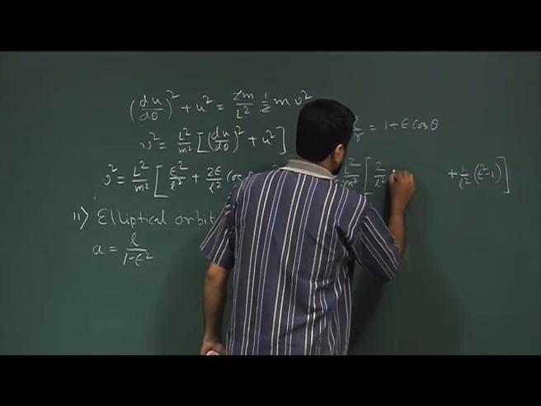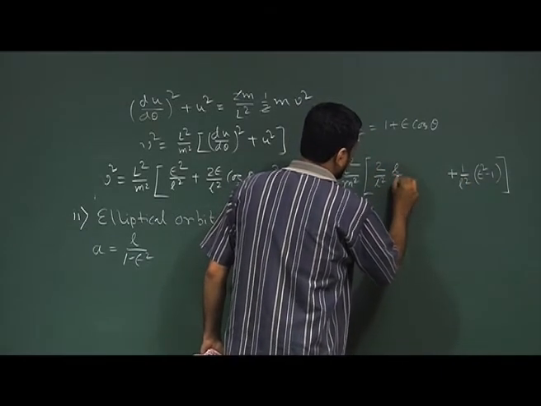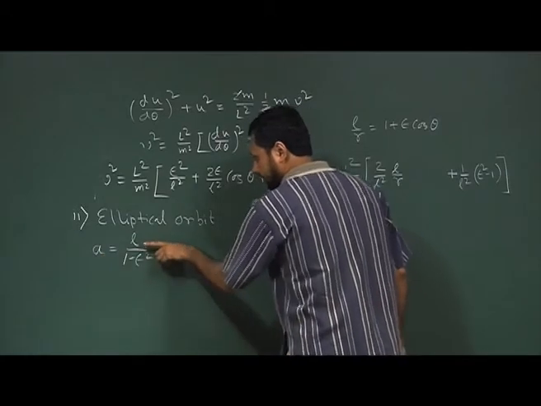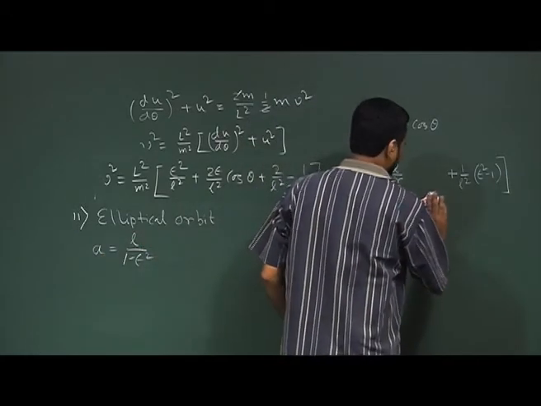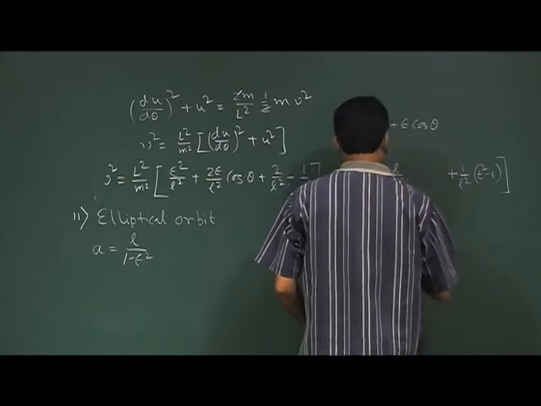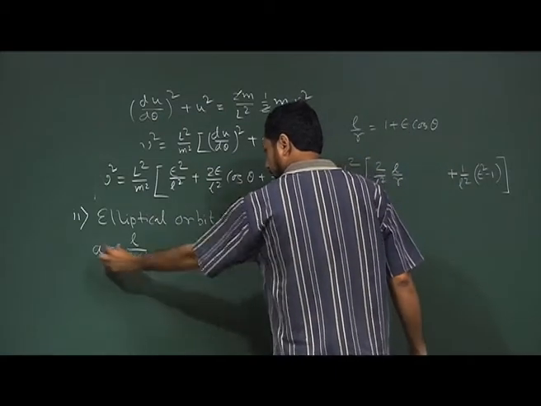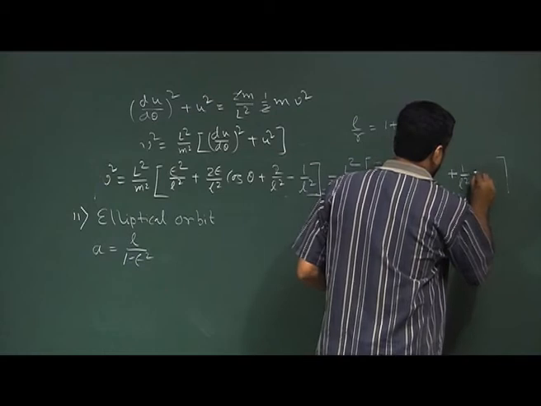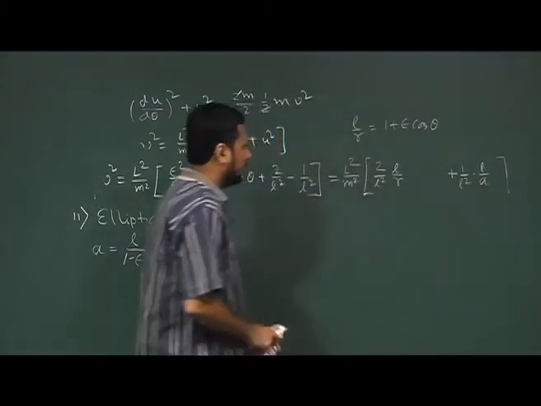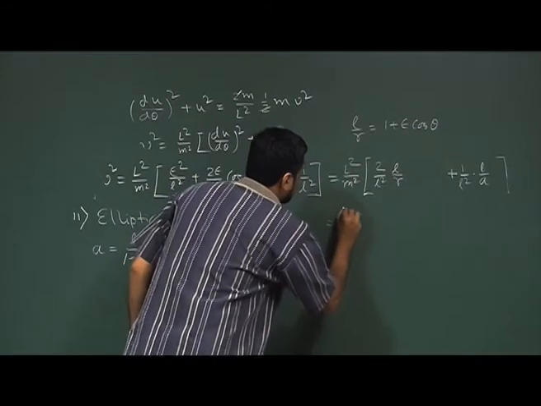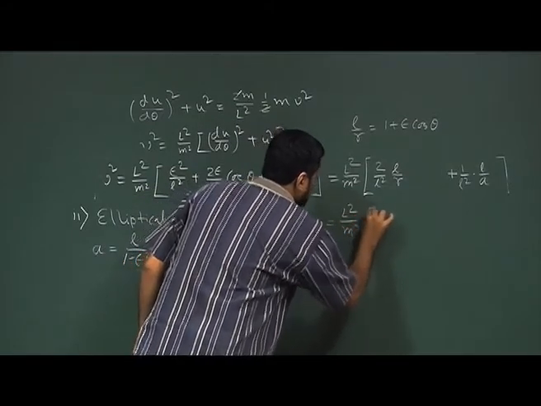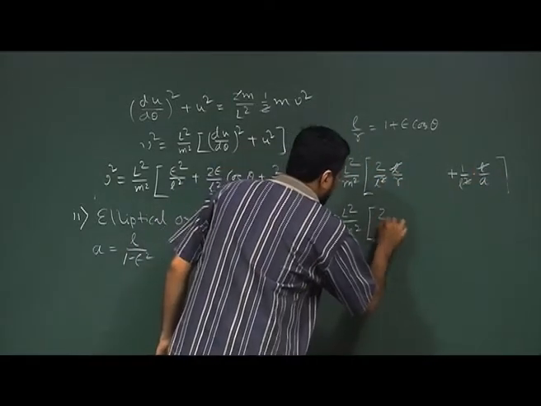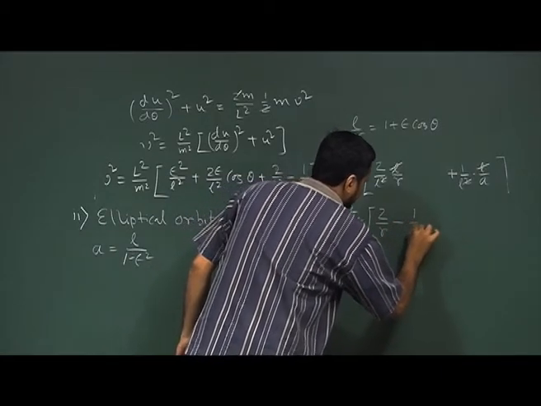For the second one we can use this relation, so 1 minus epsilon square is L by A. Now it looks better. If you simplify this, I think we are almost done. One L cancels here, one L cancels here, leaving behind 2 by r minus 1 by A.